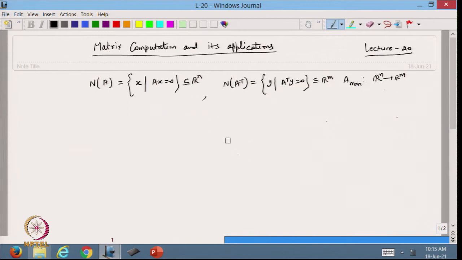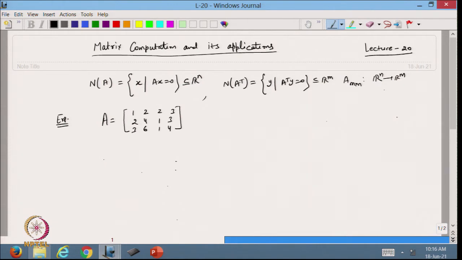Now, I will take one example and then we will go further. I have a matrix A, and suppose I am taking 1, 2, 2, 3, and 2, 4, 1, 3, and 3, 6, 1, 4.